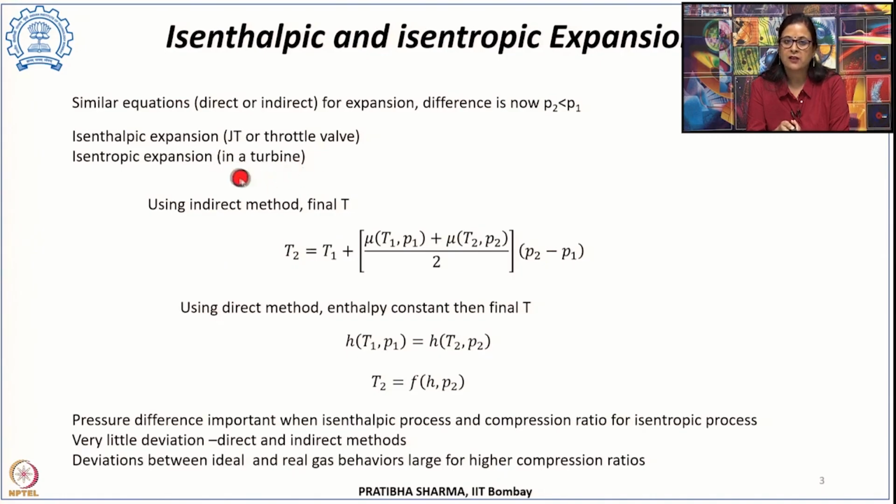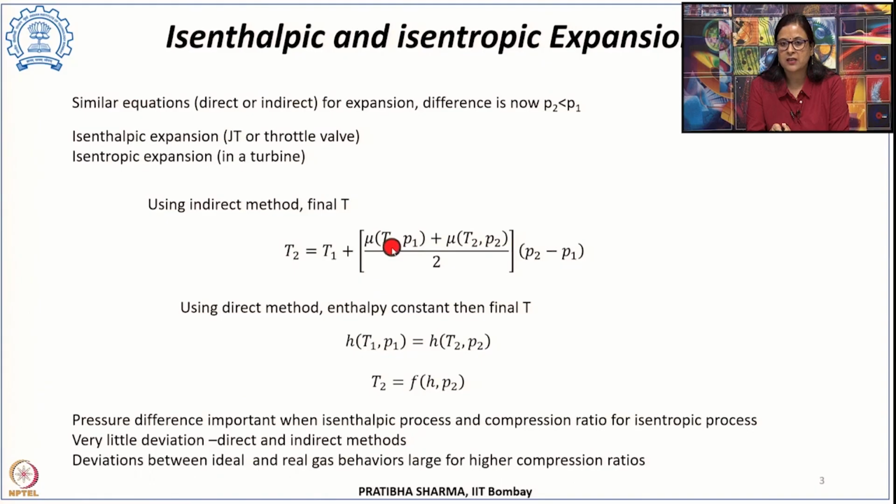Now, if we consider the indirect method, as we have learned in the previous class, during the expansion the final temperature attained by the gas can be obtained as T1, the initial temperature, plus the average value of the Joule-Thomson coefficient considering the pressure steps, times the difference of the pressure, P2 minus P1, in the two different states.